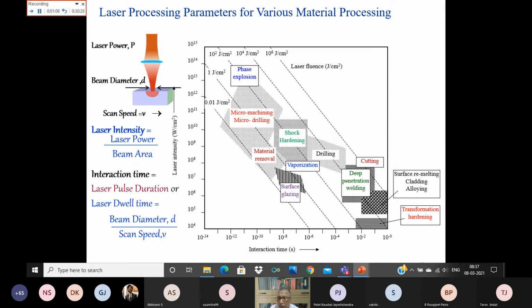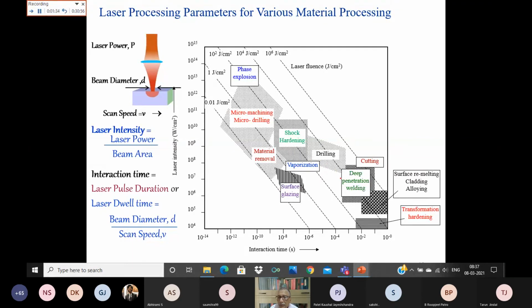When you get shorter laser interaction time, shorter laser pulse in the range of sub millisecond to microsecond, you can do the drilling at high power densities. Here the vaporization is taking place, so you can get a certain amount of deep penetration welding also done.